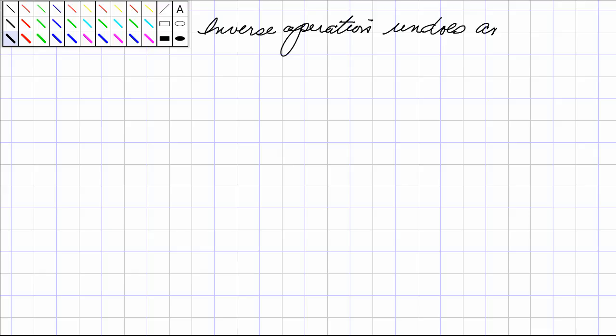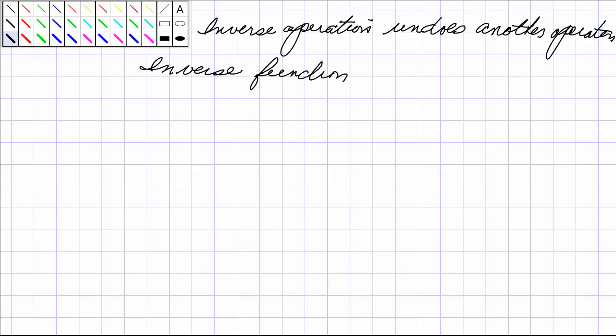Now, let's talk about what an inverse function is. So if an inverse operation undoes another operation, an inverse function undoes another function.